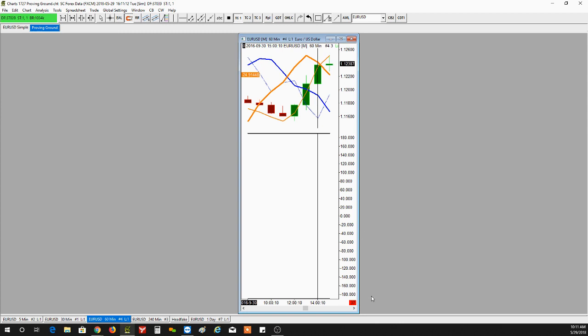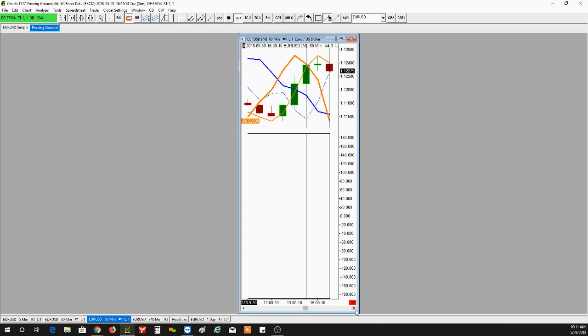Okay. So let's go to our next one, and let's look at, here we go again, 3 points: thick orange, thin orange, blue dotted. They've already crossed and chopped. But we're looking at this as the 3 points that we need for a short, because thick orange is indicating short, thin orange is indicating short, blue dotted is indicating short because it's pointed up.